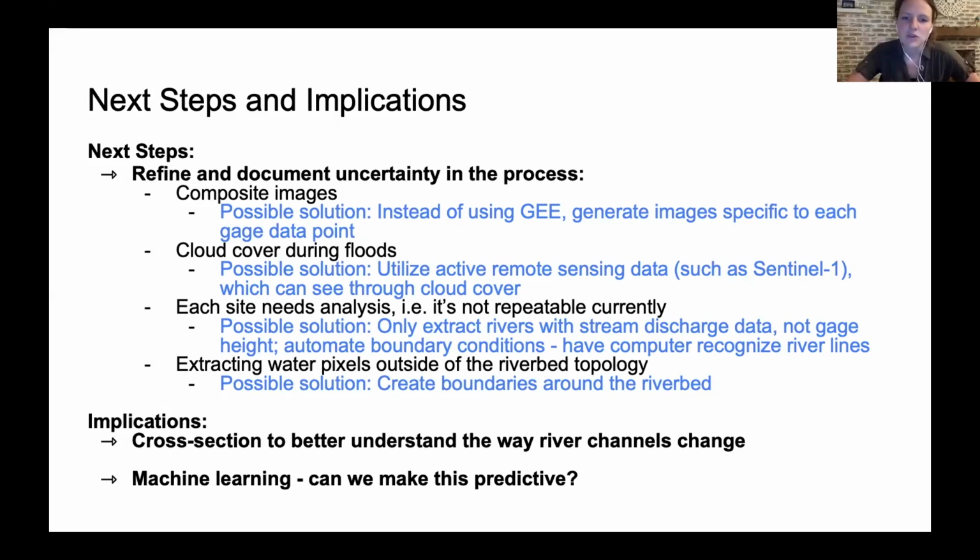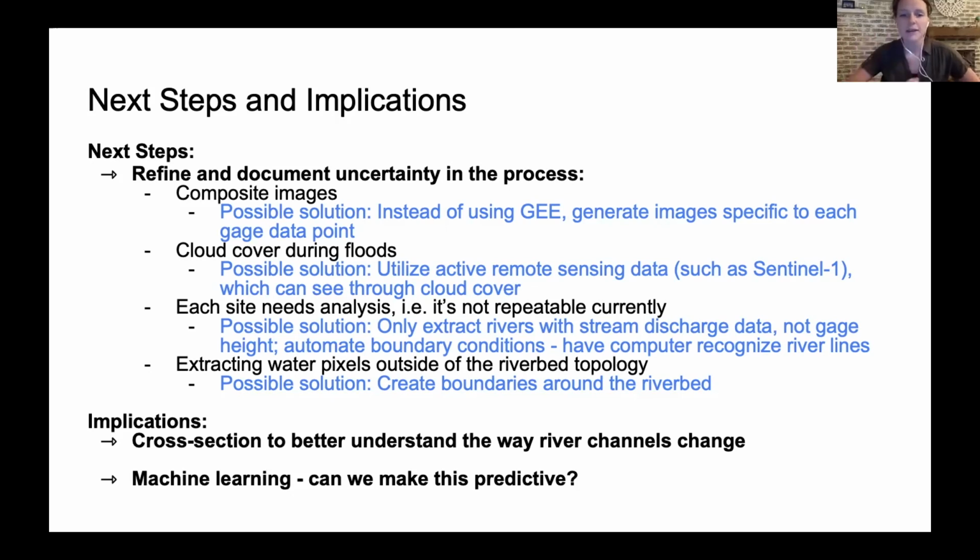And then also trying to address the boundary conditions so that we can be certain that our water pixel counts are accurate in counting what's only happening outside of the river. And then for composite images, instead of using Google Earth Engine, maybe generating images that are specific to each gauge data point.